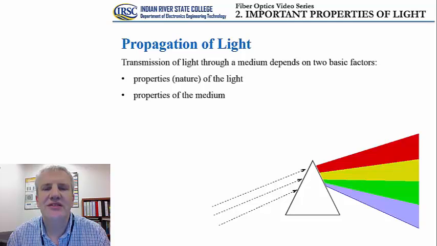Certain laws have been established as to how a light reflects or refracts from a certain boundary between the two media, and those would be the basic foundations of the theory of light and photonics that are going to be important to understand how the light is going to behave inside of an optical fiber. Next time in lecture 3, we are going to be focusing on that specific aspect of the light propagation along the optical fiber. A lot of foundations that we established in this lecture that are related to the behavior of light are also going to be applicable to the propagation of light along the optical fiber.